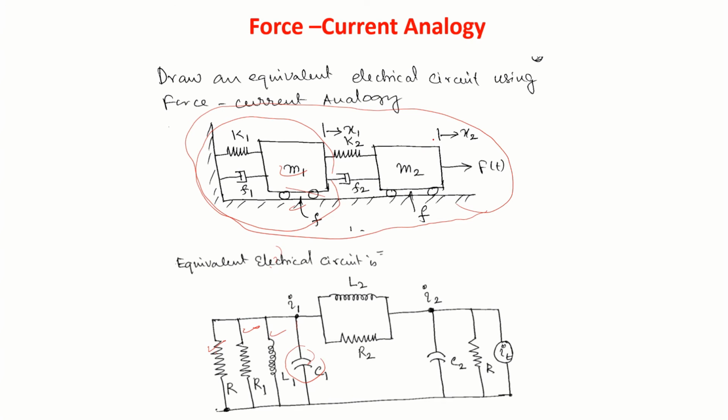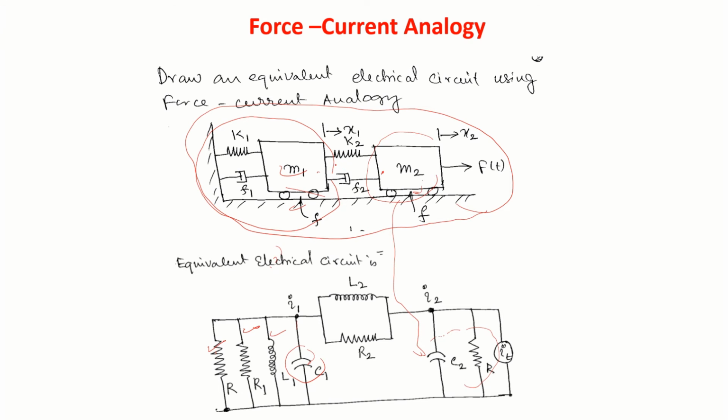Now let us consider this part, M2. That's what I have shown here as C2, and this resistance is in series with it. Now, between these two we have a spring.